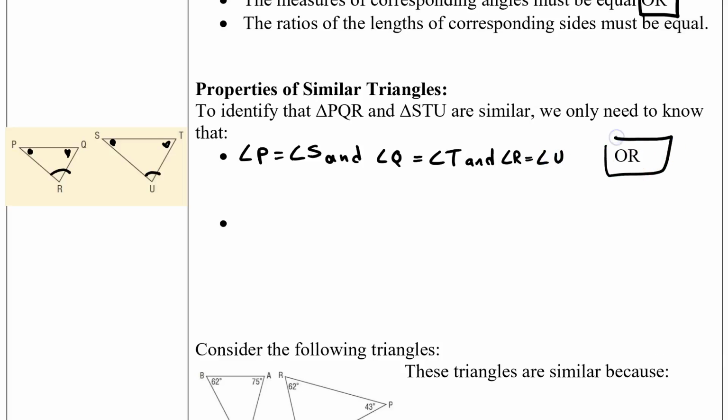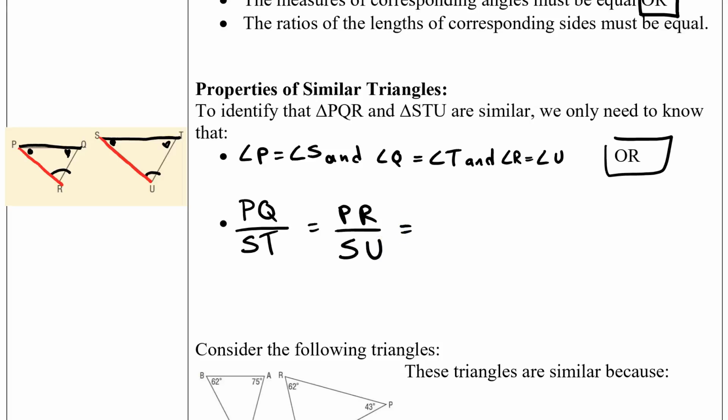Or, if we don't have that, we can say that PQ over ST equals PR over SU, which also equals QR over TU.